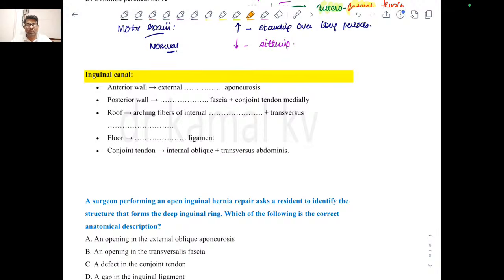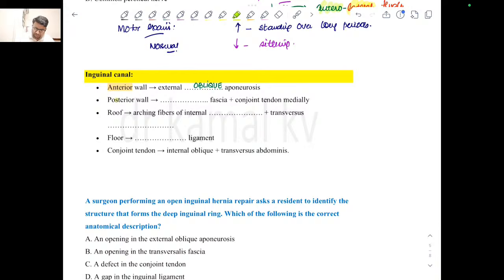Again, this is very important from a surgery point of view. Anatomy of inguinal canal. Now here we should know the boundaries or the structures which are forming the different walls of the inguinal canal. Now anterior wall is formed by external oblique aponeurosis. External oblique aponeurosis, it forms the anterior wall.